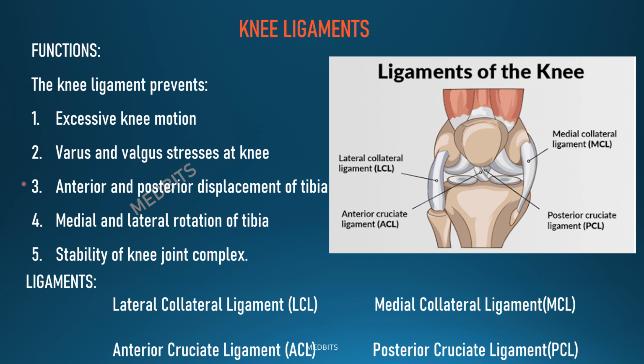Then anterior and posterior displacement of the tibia, medial and lateral rotation of the tibia, and stability of the knee joint complex. Now the ligaments are lateral collateral ligament, medial collateral ligament, anterior cruciate ligament, posterior cruciate ligament.